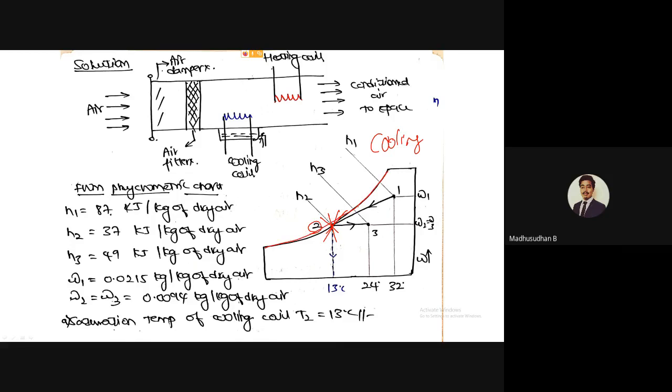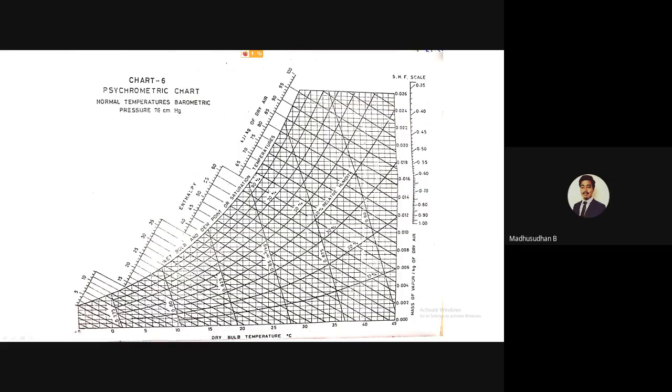We shall start plotting this on the psychrometric chart now. So this is your psychrometric chart. First thing is state 1. Here is your 32 degrees Celsius, so draw a line for your reference like this.